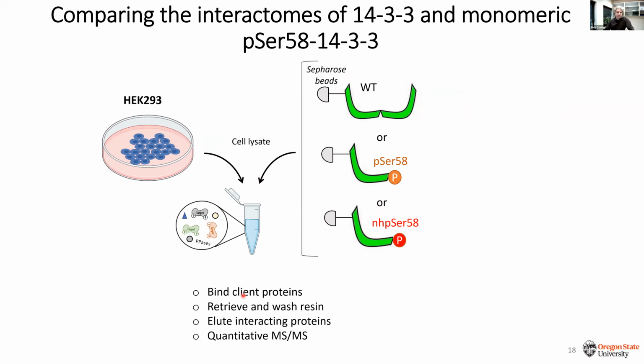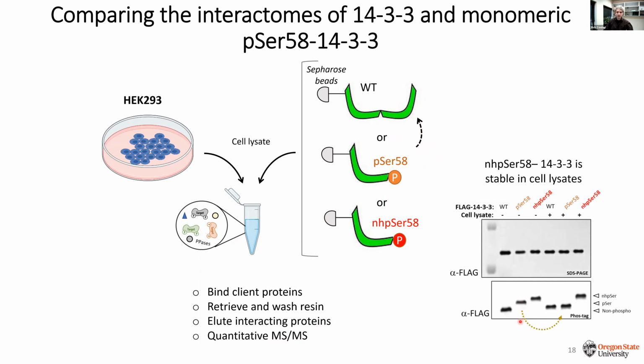So we added these to cell lysates. We found clients would bind to these different proteins. We would retrieve them, wash the resins, and elute any interacting proteins and quantify them by mass spectrometry. Now, one thing to note, of course, is that when we added the monomeric 14-3-3 with phosphoserine, it just got hydrolyzed really quickly, even in the presence of phosphatase inhibitors, right back to wild type.